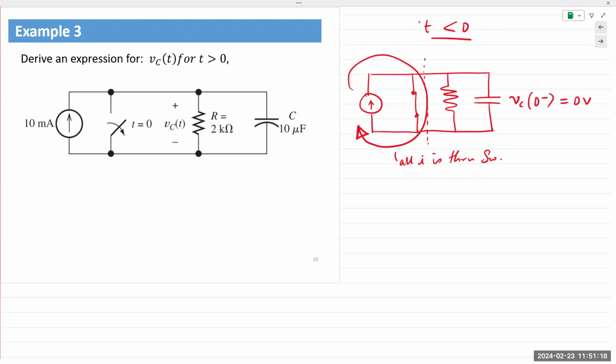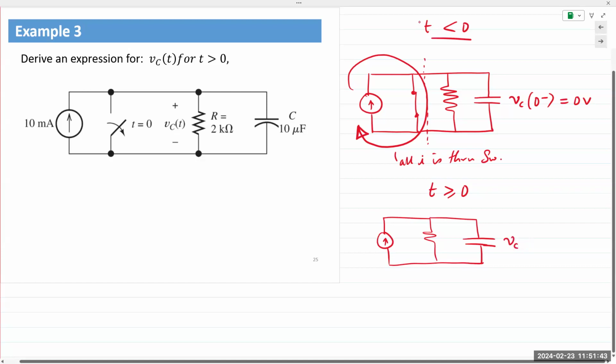Then at t equal to 0, the switch is opened. When the switch is opened, the source is now connected to the capacitor. It starts charging. Eventually, it is going to reach full charge.